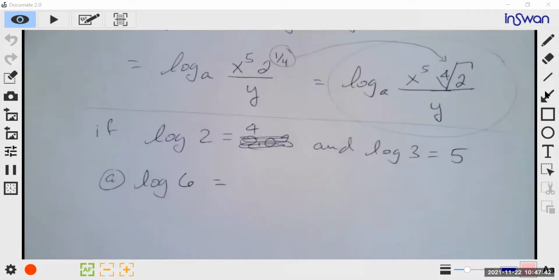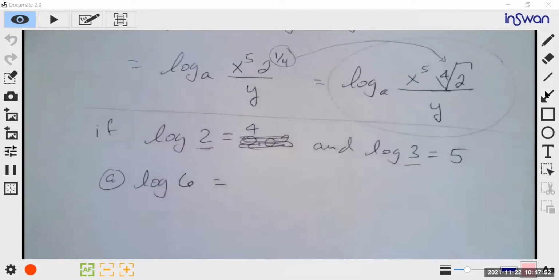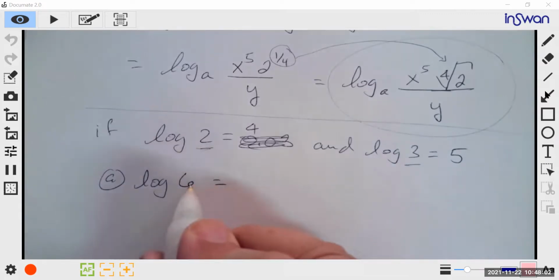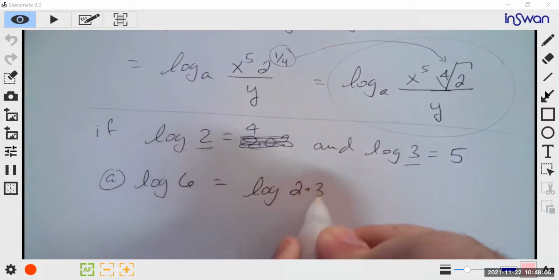So what if I gave you this? Log of 6. We only know what log of 2 and log of 3 are. So what is 6 made up of? 2 times 3.